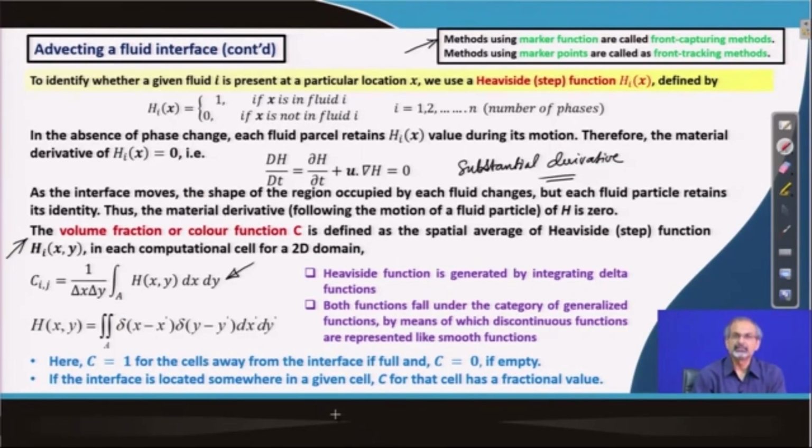If a cell is empty, this volume fraction or color fraction, which is acting as the marker function, will be 0, while if it is full, it will be 1, and if it is in the interface region, it will have a value between 0 and 1. We will discuss more in this lecture on how to tackle such advection of color function C.